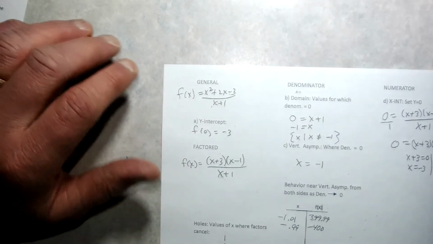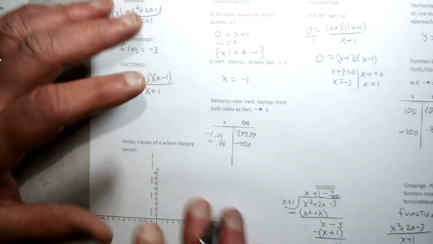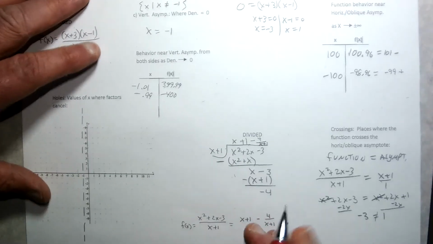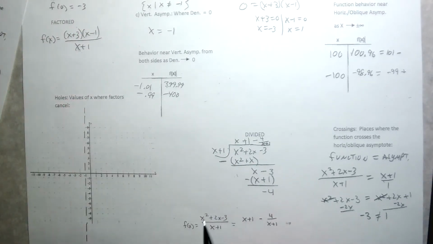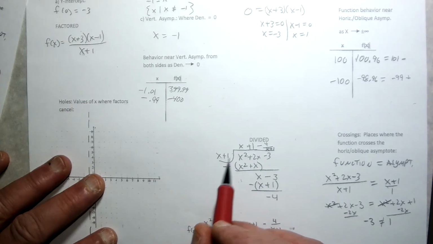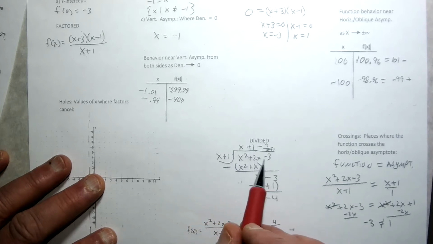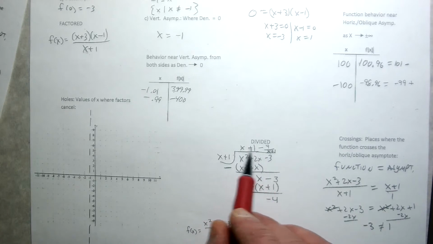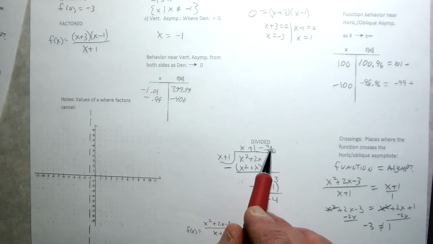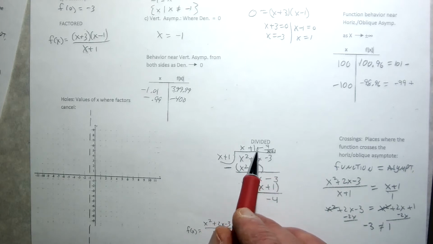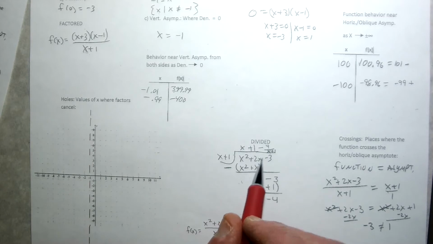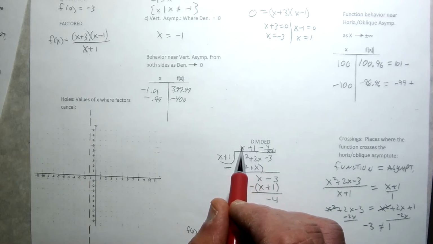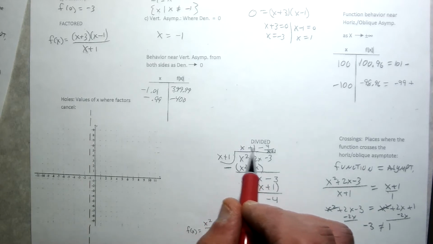Okay, so what we're going to do is go over here to some division. I'm going to use long division. I already did the work on it. I'm going to divide the denominator of the function into the numerator, and this would still be the full function that I get out of the long division. But look, it is x plus 1. Now it also has a remainder, but like I was describing earlier, if you start to put big values in here like 100, you get 101.